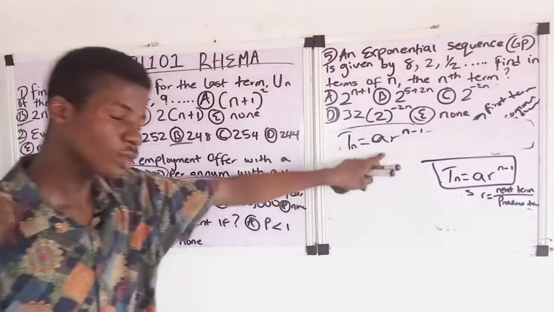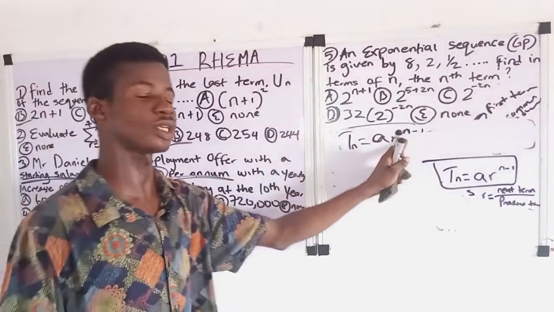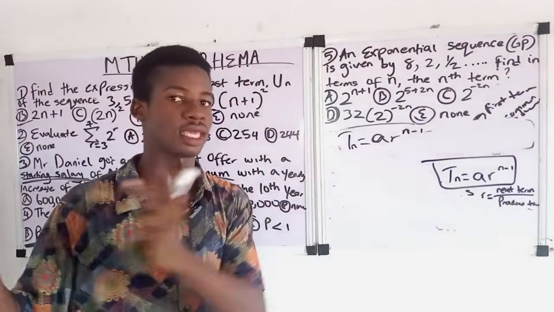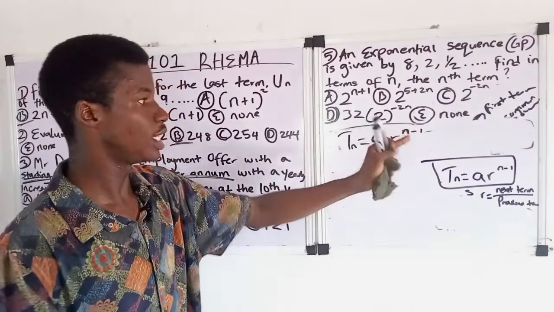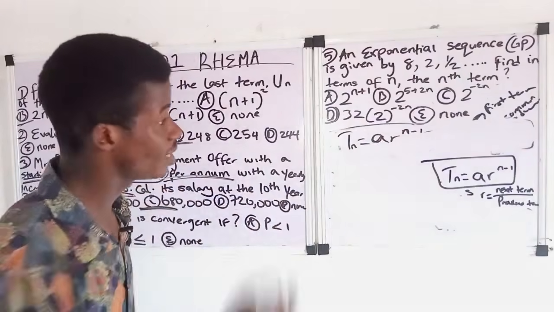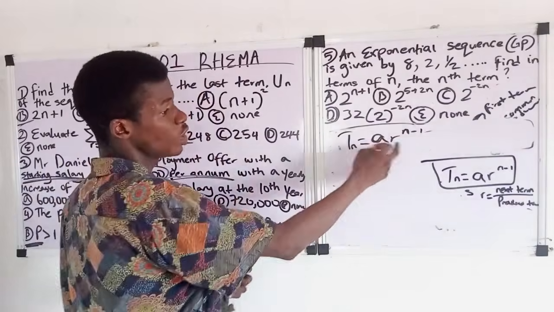This is analogous to an AP, where it is known as the common difference. In GP it is known as the common ratio.